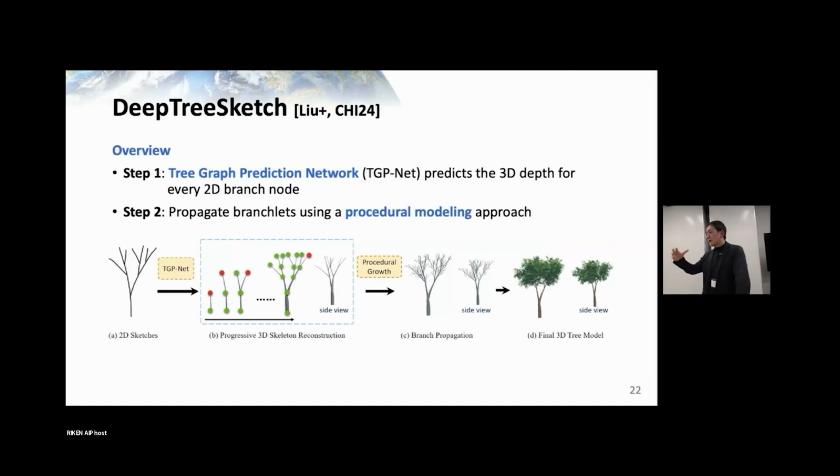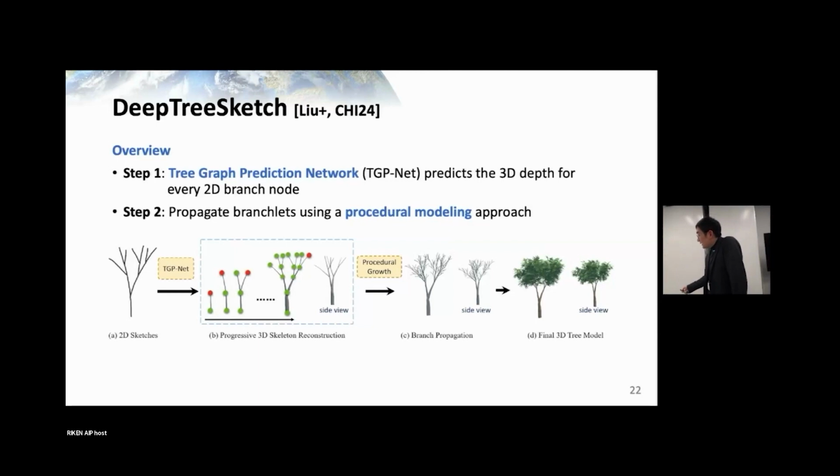So the first step is the sketch image, which is just 2D, a very simple sketch. And we can regard it as a graph structure by considering the intersections of trunks and branches as nodes and the branches as edges. So progressively, we can perform depth estimation for every single 2-dimensional node to get a very rough structure of this tree.